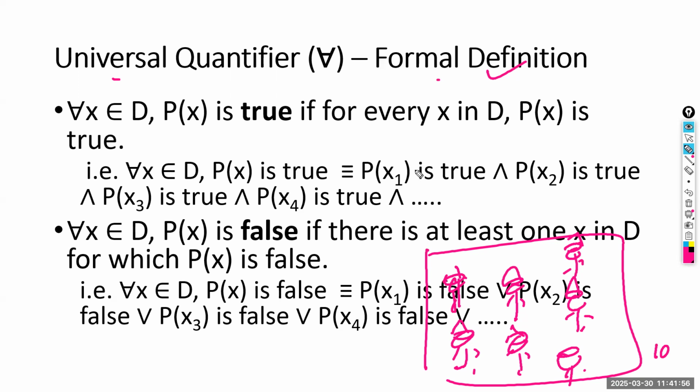So if you want to prove it wrong, you need to find at least one counterexample. To prove it true, you need to show that it is true for each and every possible value. It's very simple logic. It's just the normal terms we use in day-to-day life.